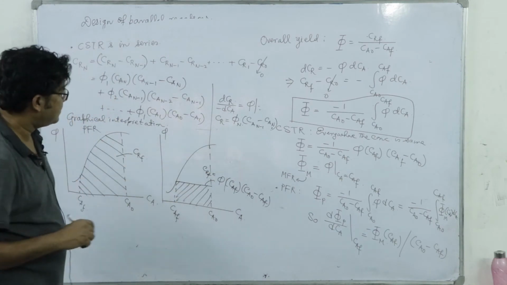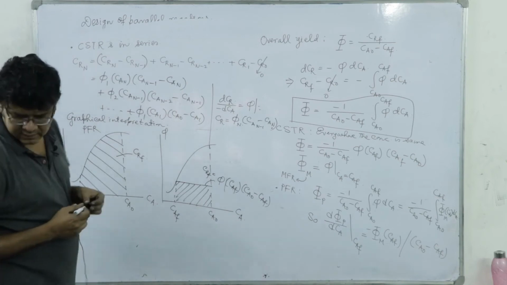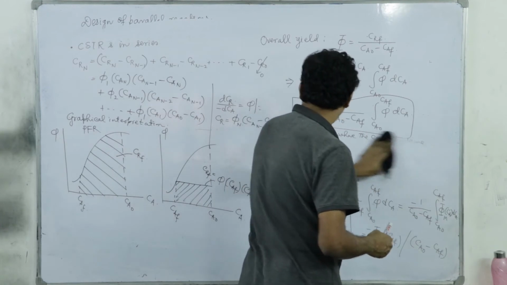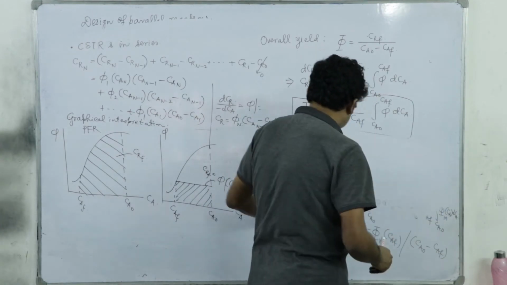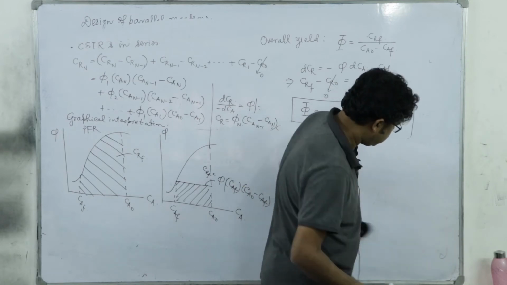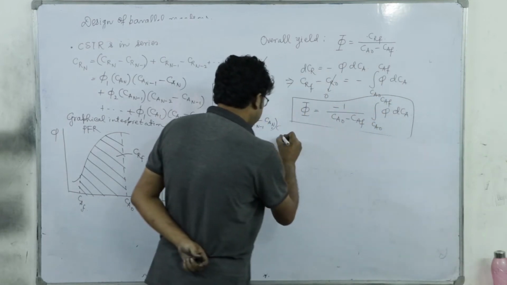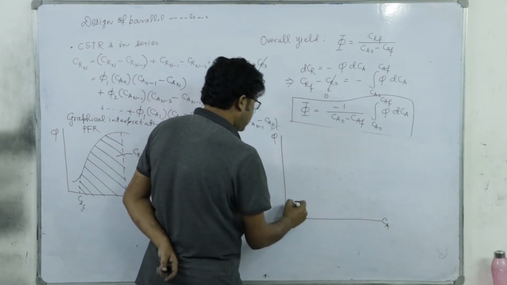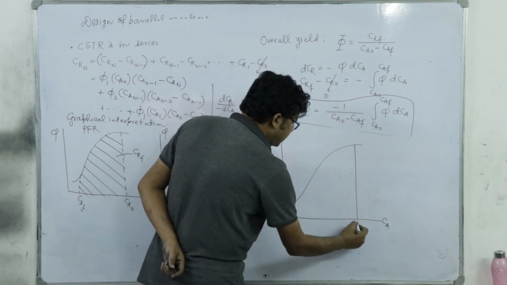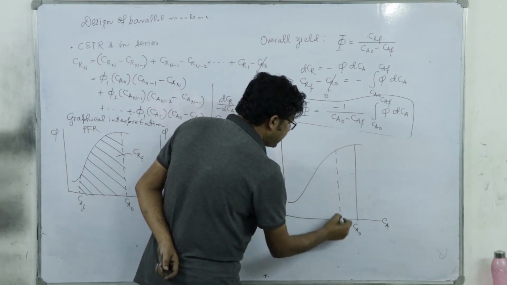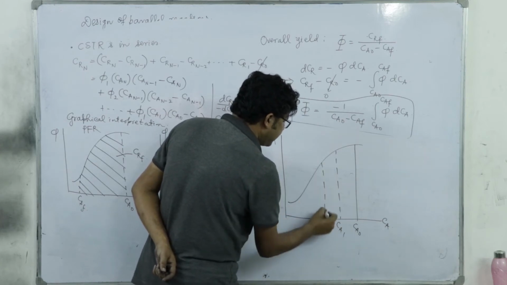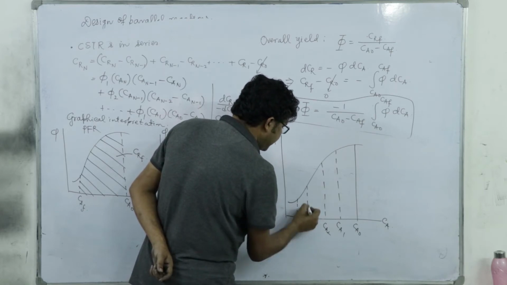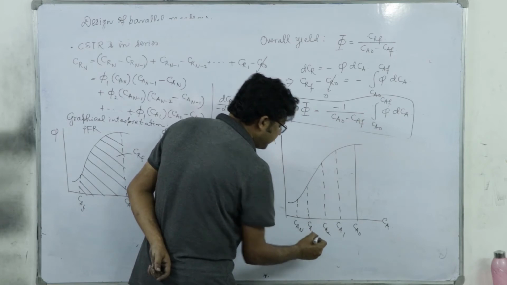this single CSTR. Now for multiple CSTRs, what we have discussed just right now, the curve will be like this. This is CA0, CA1, CA2, and finally CAN minus 1.